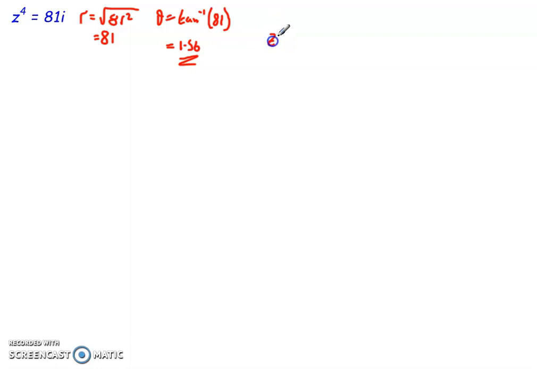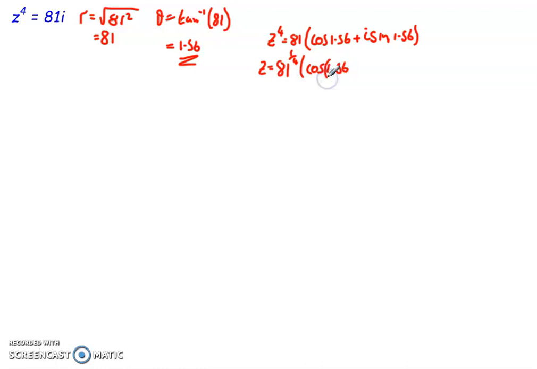So from that, I can write that z to the power of 4 is equal to 81 bracket cos of 1.56 plus i times sine of 1.56. What I can then do is take the 4th root of both sides. So I know then that z is equal to 81 to the power of a quarter bracket cos of 1.56.